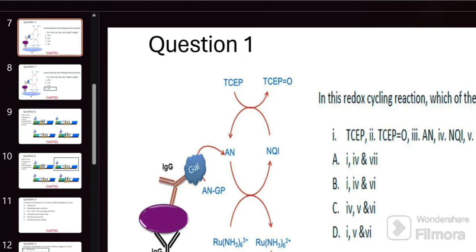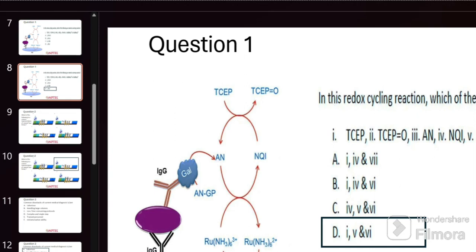So this is the answer for this question. These are the starting materials that you have to put, and so you need to put TCEP that will be reduced. Then ANGP, if you can see, is the starting material for the reaction to happen with the labeling elements, that is again a starting material.